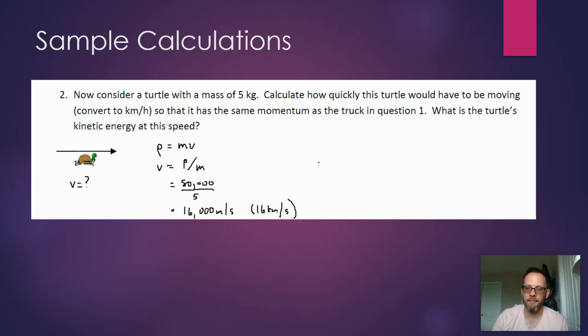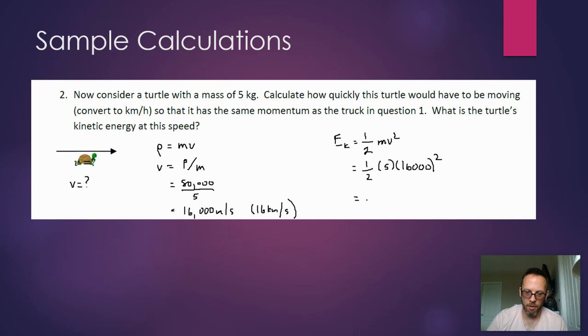So you can see that small objects have to be moving very fast to have a large momentum. What's the kinetic energy at this speed? That might be interesting to find. So a half, 5, 16,000 squared. And maybe we'll find the kinetic energy of the truck as well, to compare.